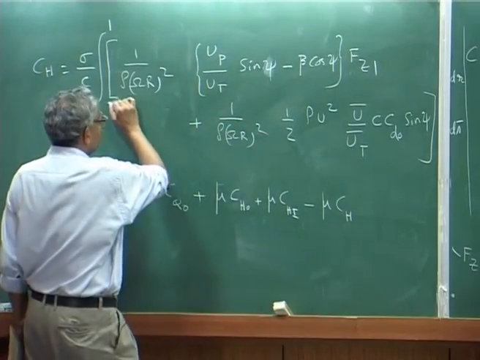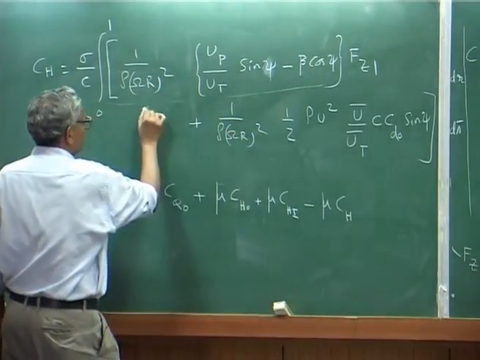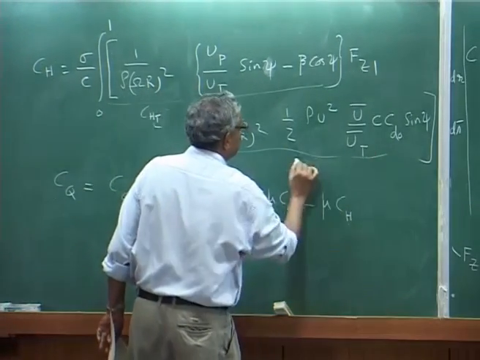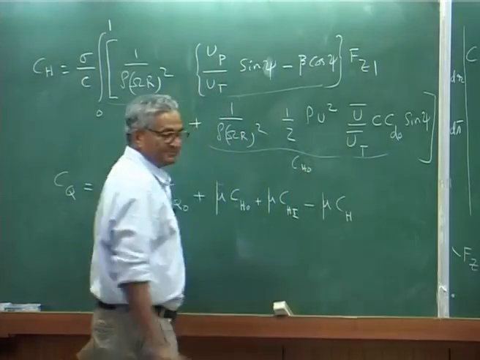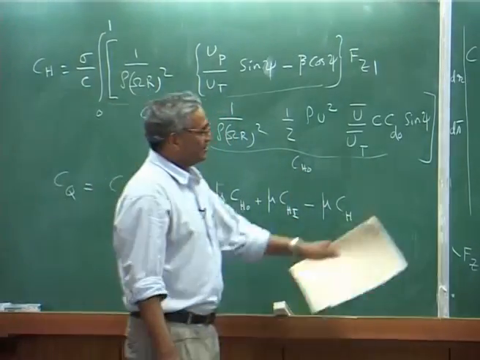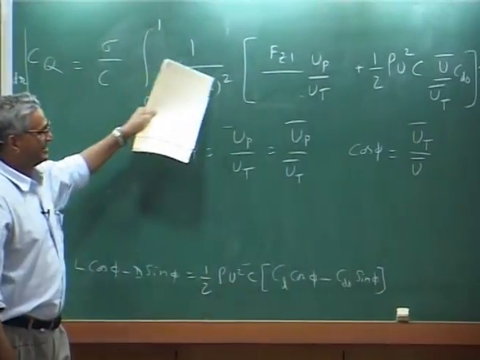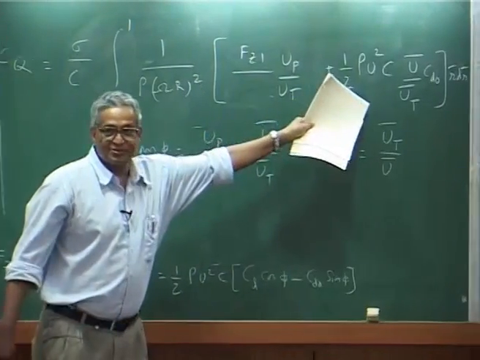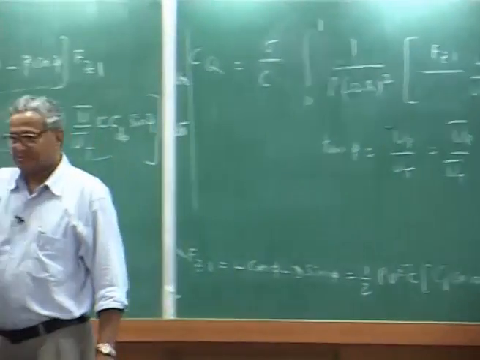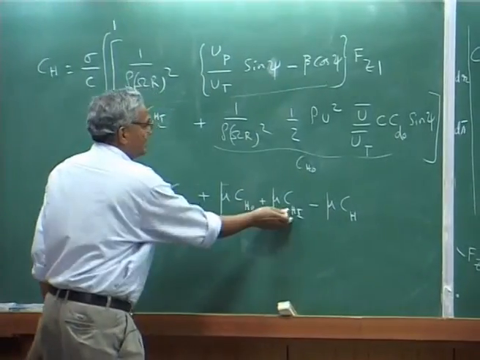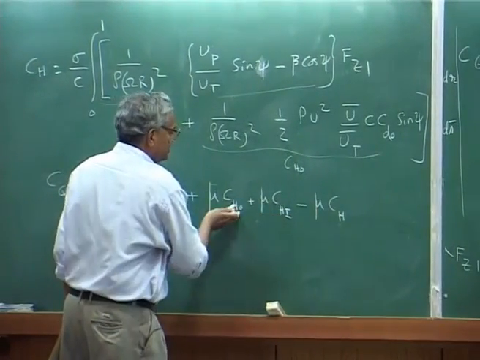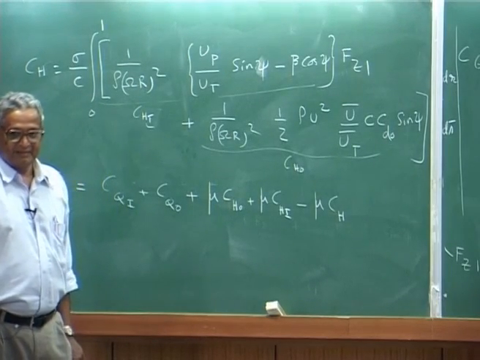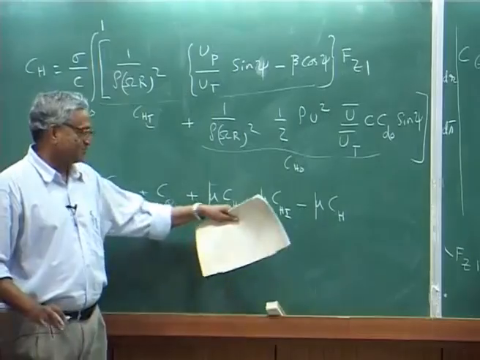I am writing this term as CH 0, sorry CH I, this term as CH 0. Same thing here, this term as CQ 0, sorry CQ I, that is CQ 0. And then you add and you subtract, because basically CH is CH naught plus CH I. It is kept in this fashion.